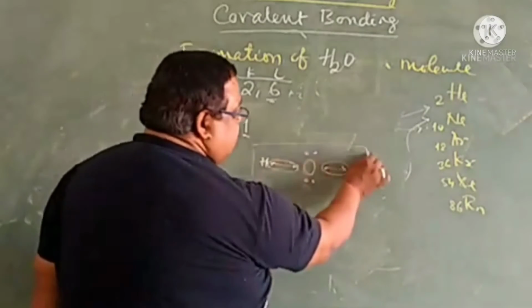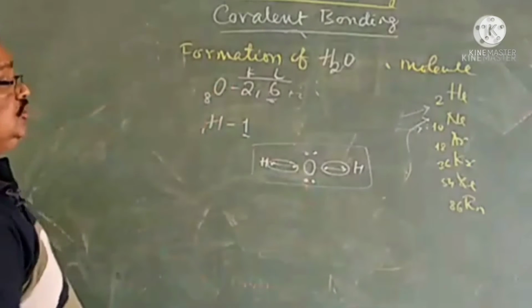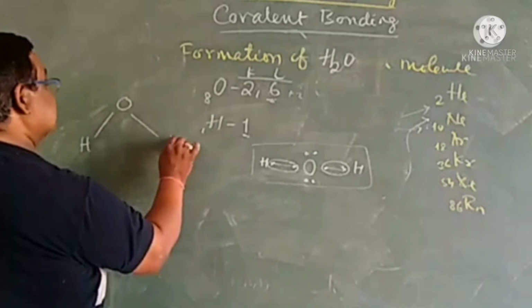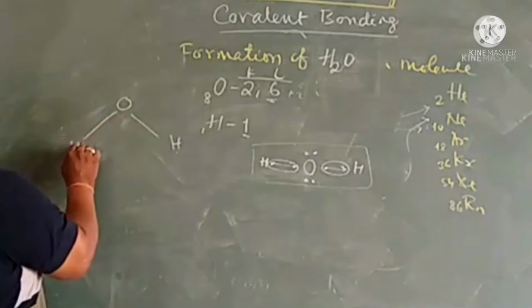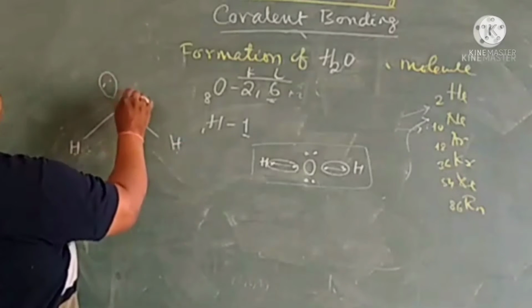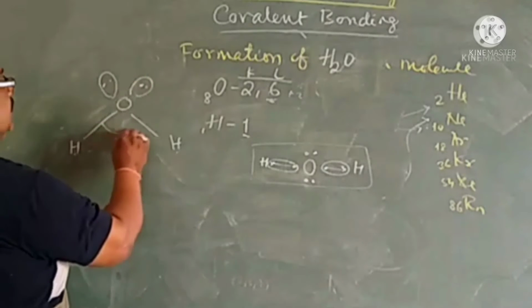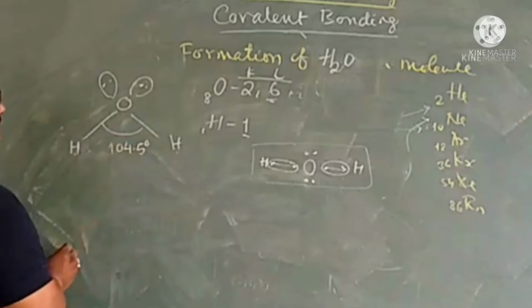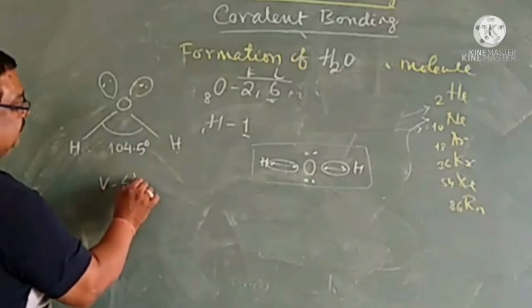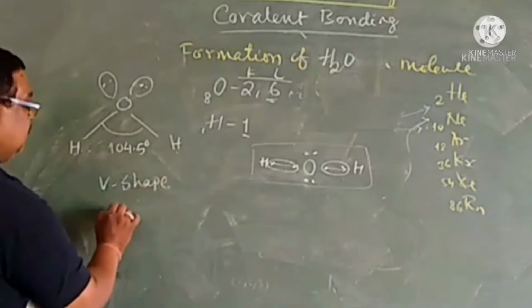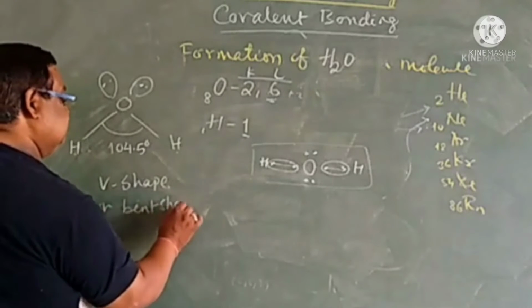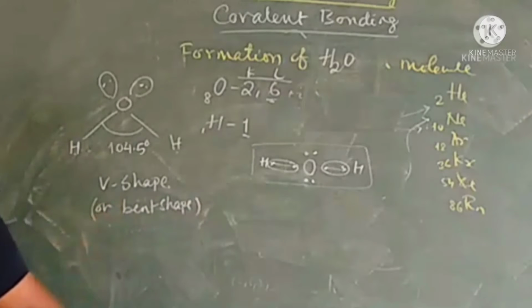Of course, this is not the actual structure. The actual structure of water is somewhat like this, having 2 lone pairs of electrons over oxygen, and the bond angle is 104.5 degree, and this shape is called V shape or bent shape.